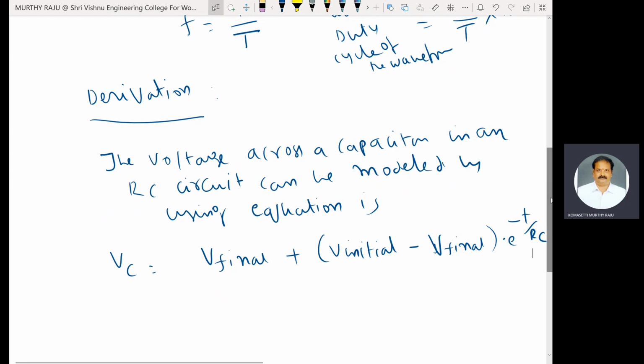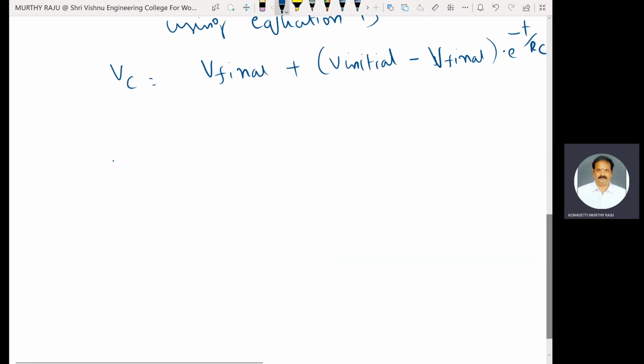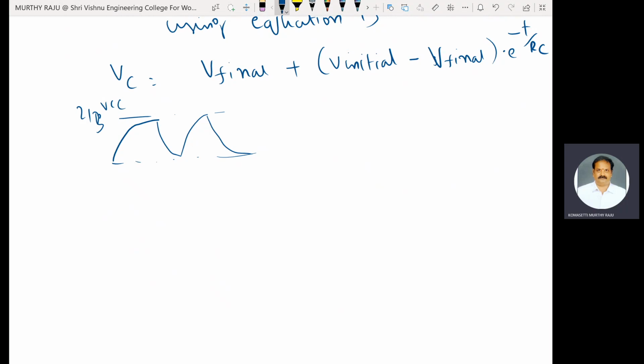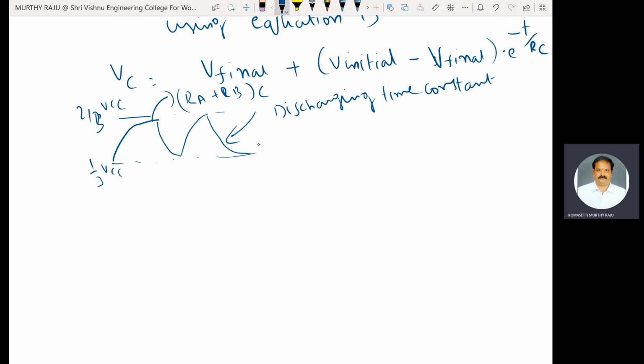Here the capacitor voltage is like that, with two reference levels: two-third VCC, and this one is one-third VCC. The capacitor is charging through two resistances RA plus RB, so the charging time constant is (RA plus RB) into C. For discharging, the capacitor is discharged through RB resistance.